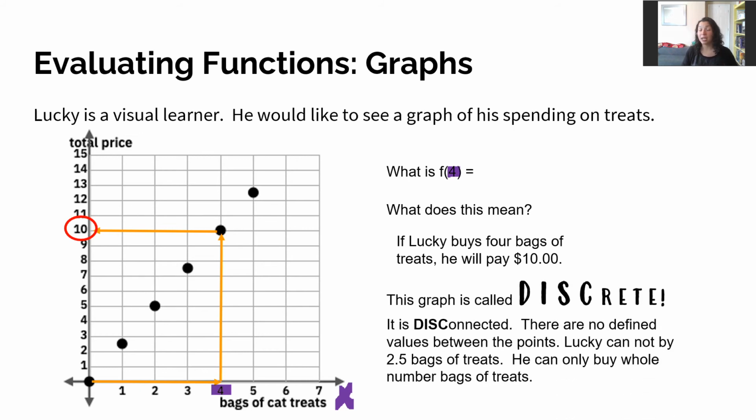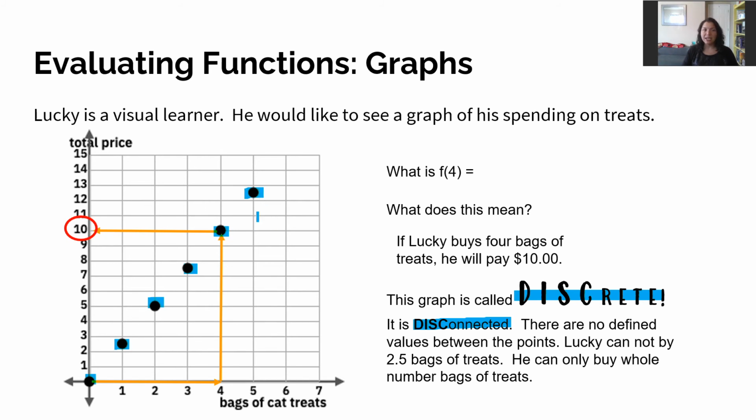Now, this one's really important. This graph we would call discrete. Now, we would call it discrete because it is disconnected. So you notice how I have these 1, 2, 3, 4, 5, 6 dots here.